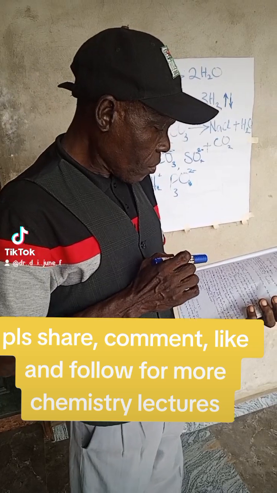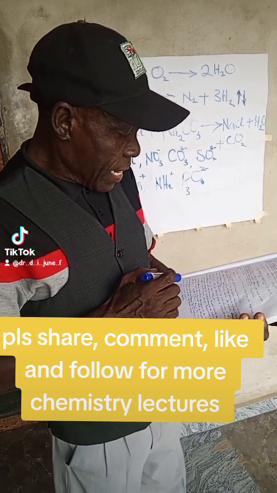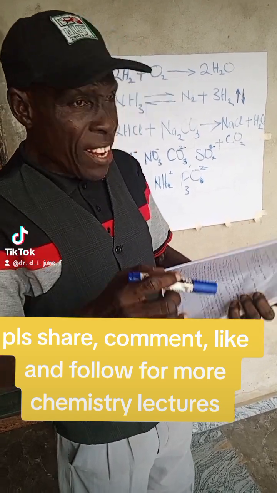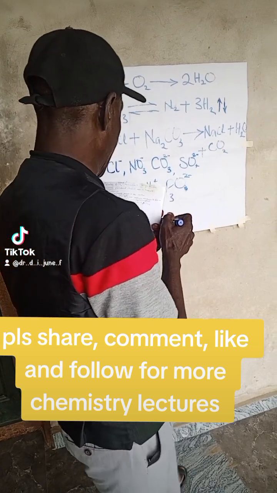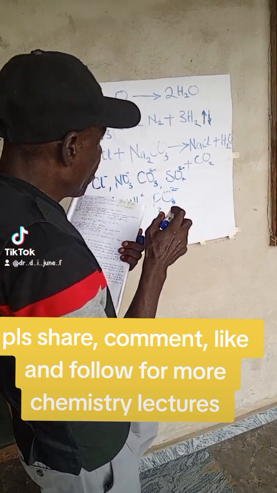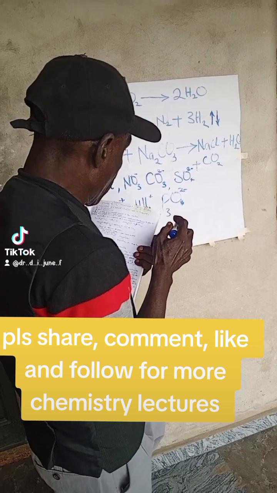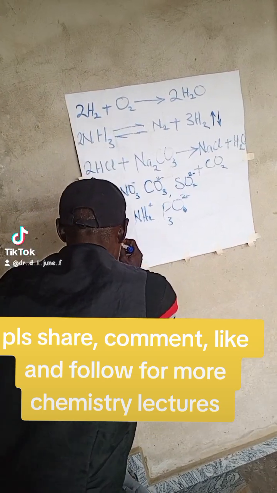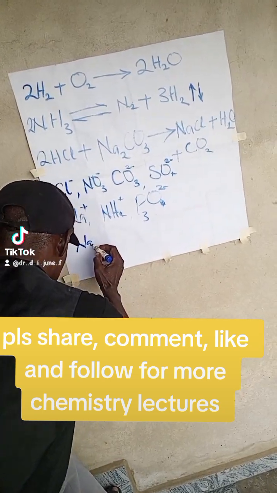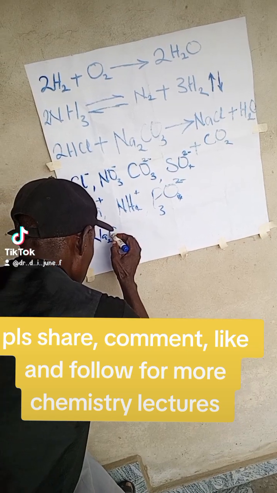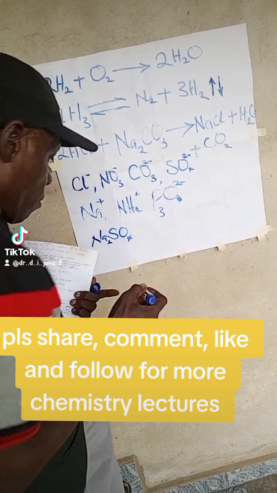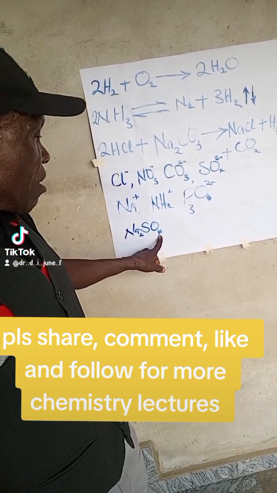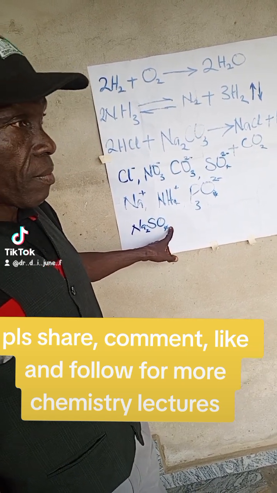Now, examples I've given. The next thing you are going to do is, when these things are combine, what is the result? For example, now, sodium. This is called disodium tetraoxo sulfate 6.